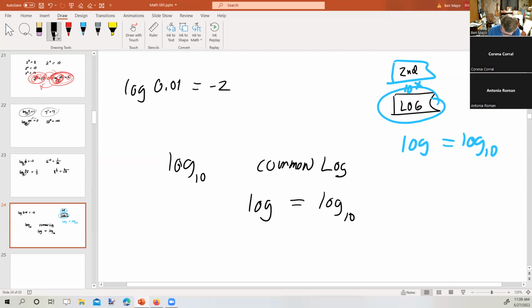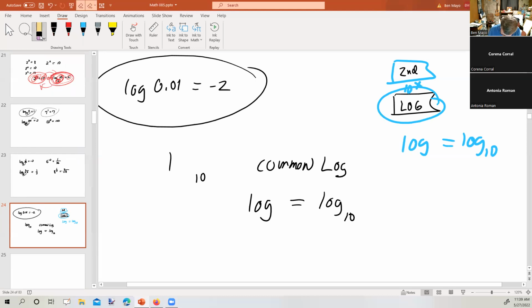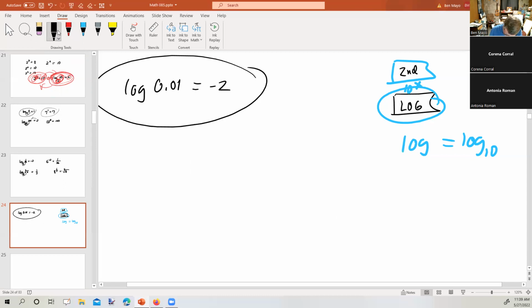So having said all of that, this is the same thing as that. They just leave off the 10 because that's the most common base. So they say, let's not bother with the 10. Doesn't save a whole lot of work, but that's the way they do things.